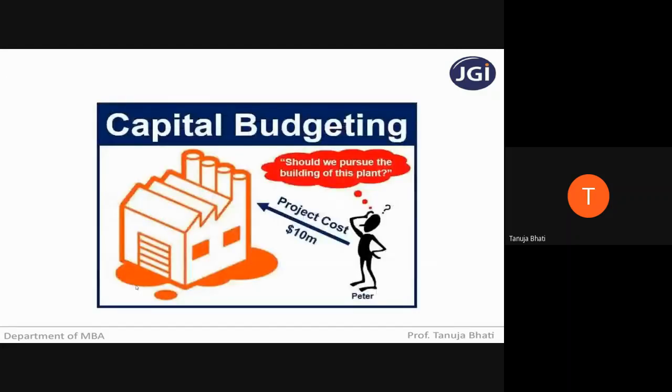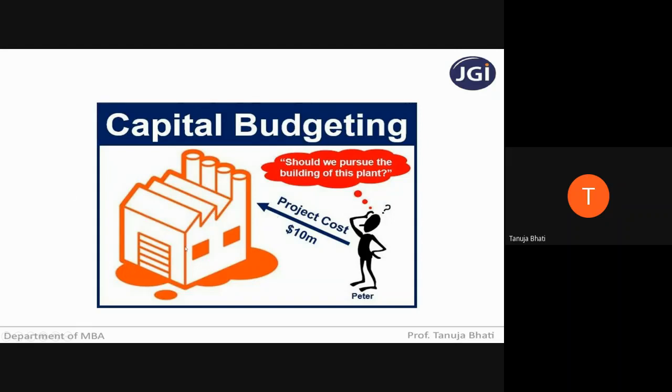Next, see here in this particular image, you all can see that this is a building, which is a long-term asset you can say, and this person is thinking, should we pursue the building of this plant? So capital budgeting is nothing but deciding whether a particular investment is worthwhile. When you're investing in a building, it is an investment, correct?